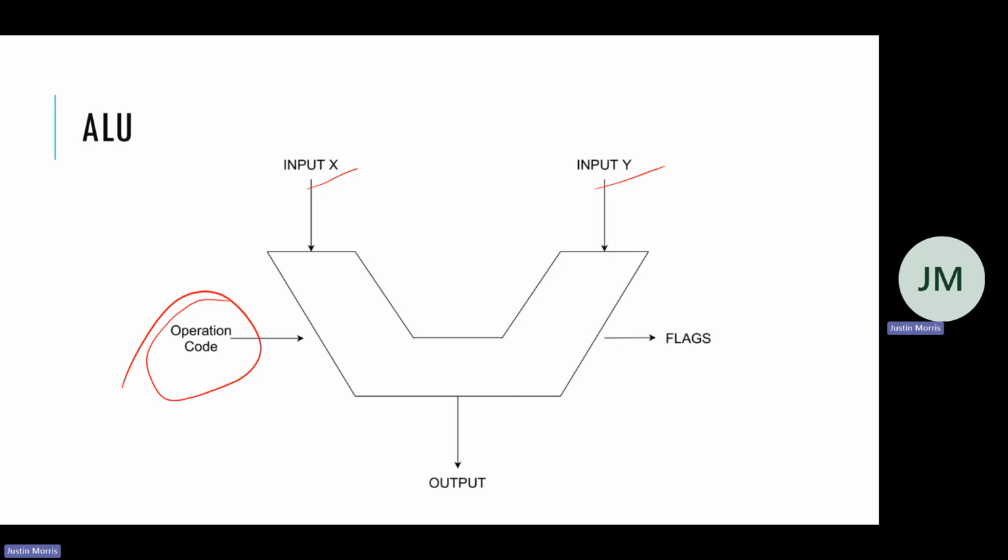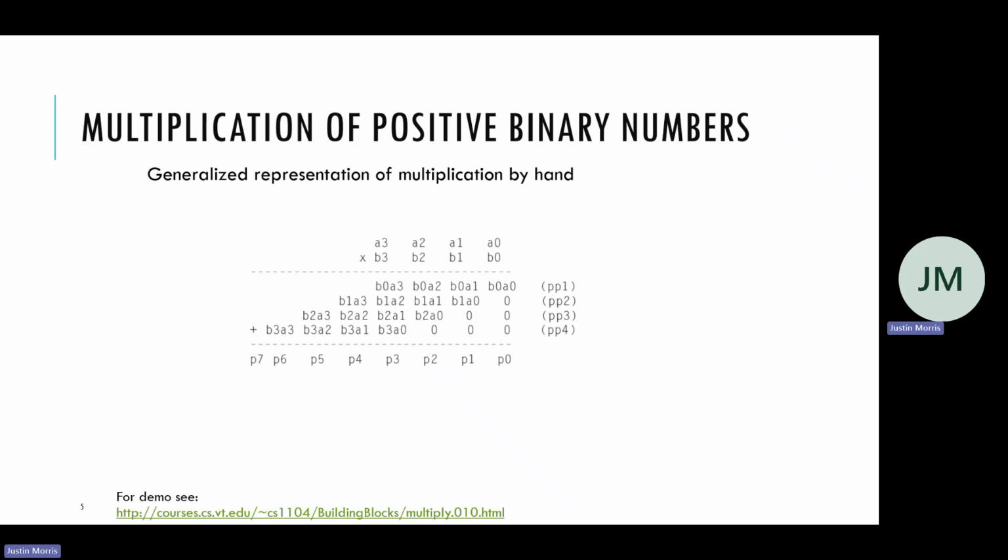Before we go into how to make this ALU, we should first look at how to multiply in binary. Just like how we add the same way that we add in decimal that we learned in grade school, multiplying is no different.